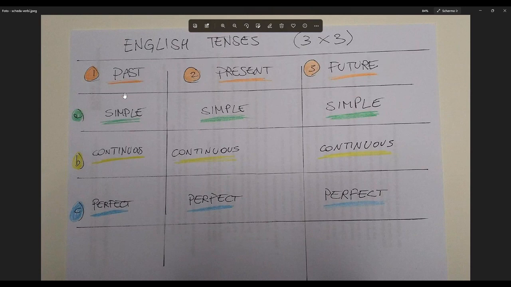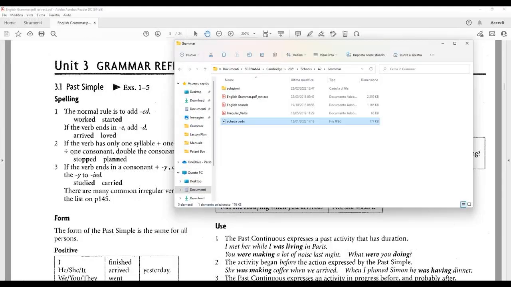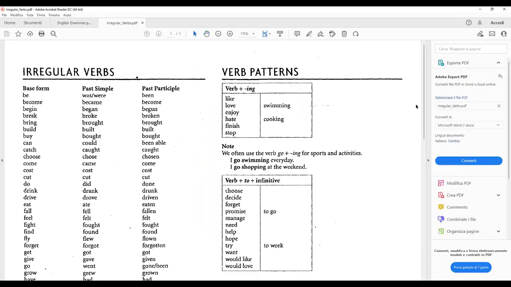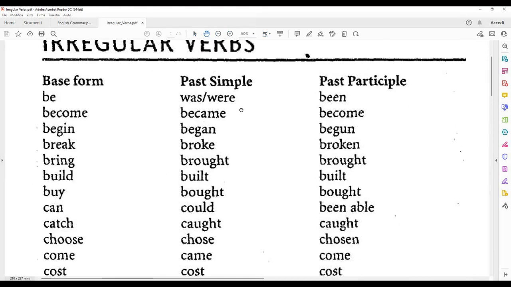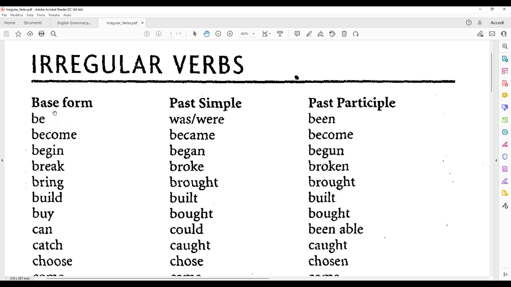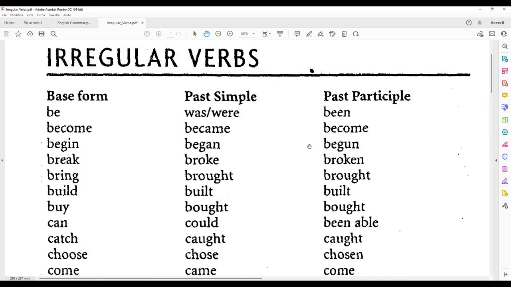Okay, all right, remember I told you the first difference between past simple regular verbs and past simple irregular verbs already. So remember, we also have an irregular verbs list where you can find the base form, which is the infinitive, the past simple form, and the past participle form.